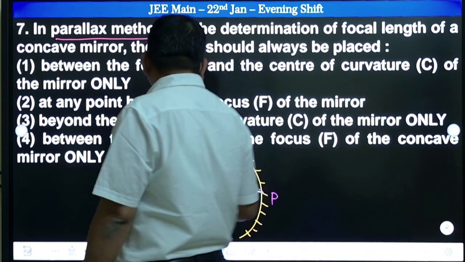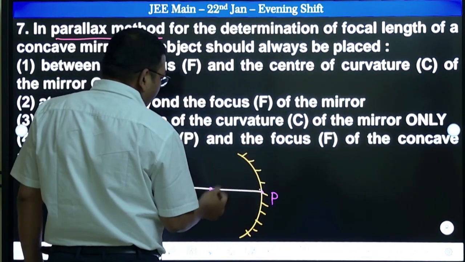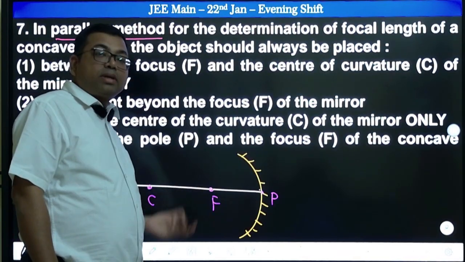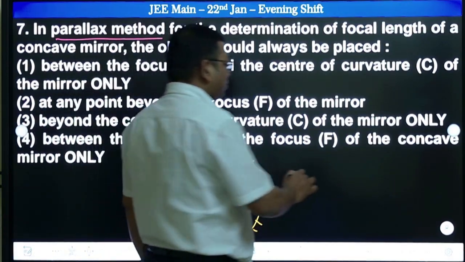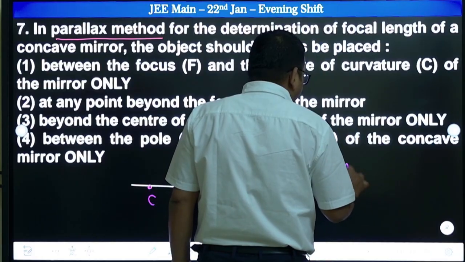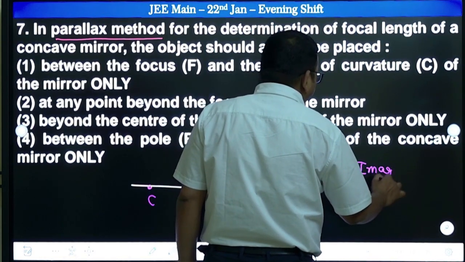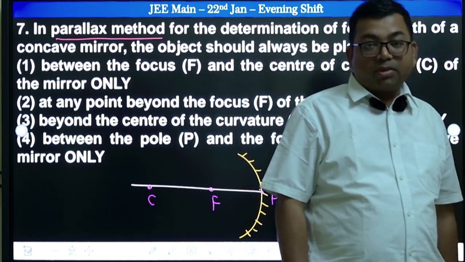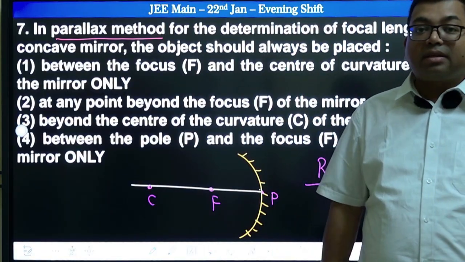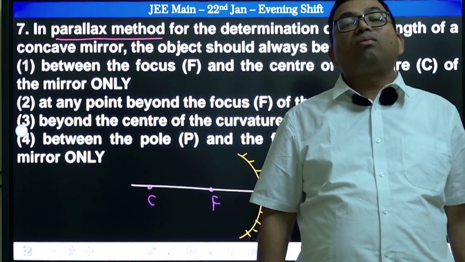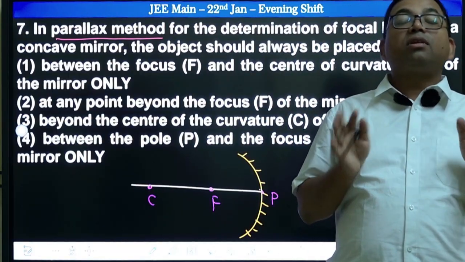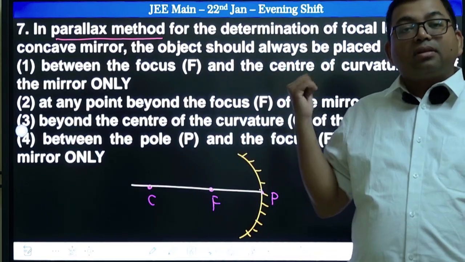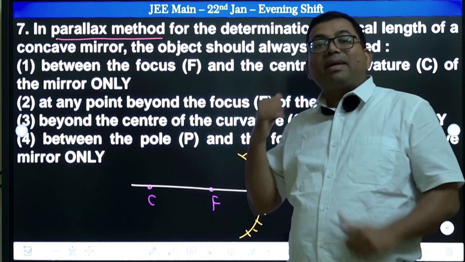So we cannot keep the object between pole and focus. The object can be anywhere on this side, so we will be able to get a real image. The idea is to get a real image, because if you get a real image, then you can measure the image distance, you can measure the object distance, and then you can use the formula 1 by f is equal to 1 by v plus 1 by u. v and u you will calculate from experiments, then you can find out the focal length. This is the paraxial method.